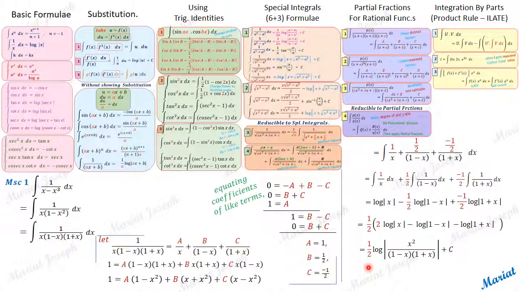Now half of log of x square upon 1 minus x into 1 plus x. 1 minus x into 1 plus x is 1 minus x square. Plus c, don't forget to write plus c, constant of integration.